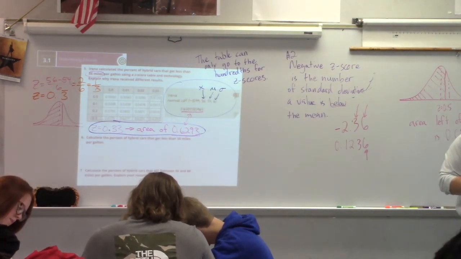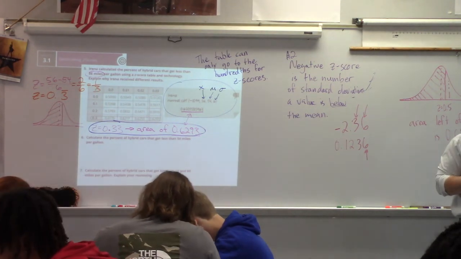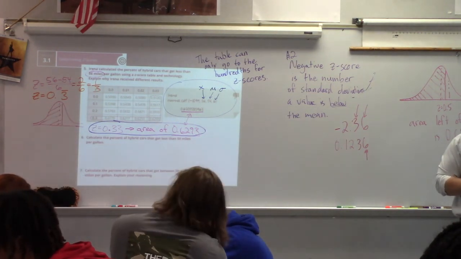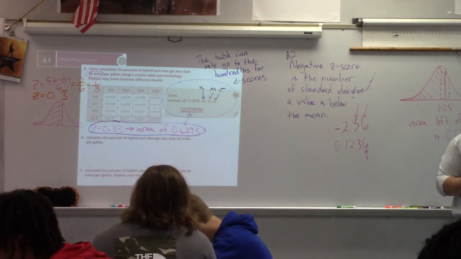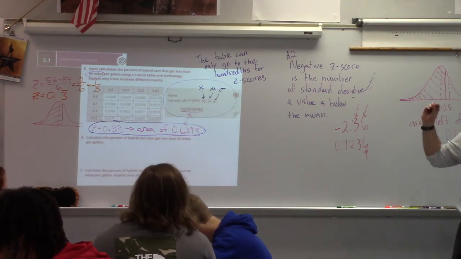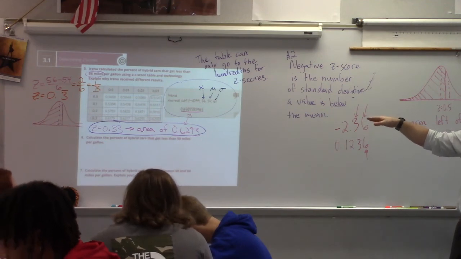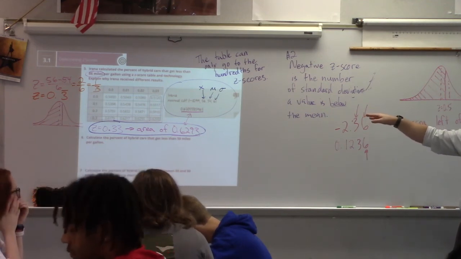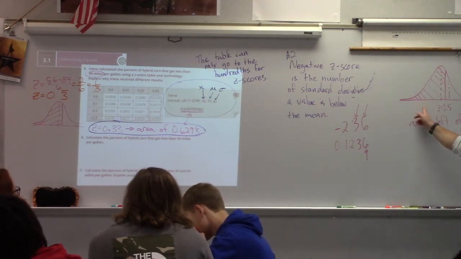At this point, I want you to try number 6 within your small groups, but hold on, before you start, listen to these instructions. And then if you finish number 6 before you come back together, try number 7. Every time I try to find the percent of data or the area underneath the curve, and notice we do want to get to percents from that area, I draw my standard normal distribution.